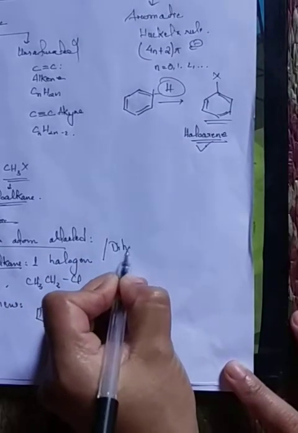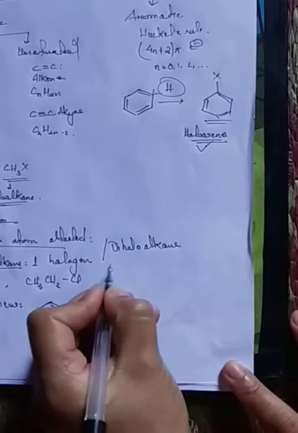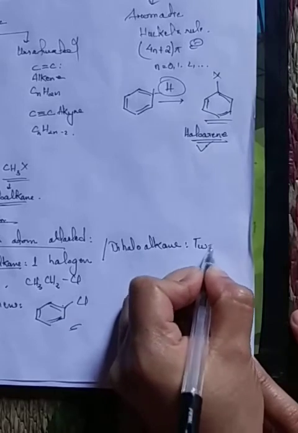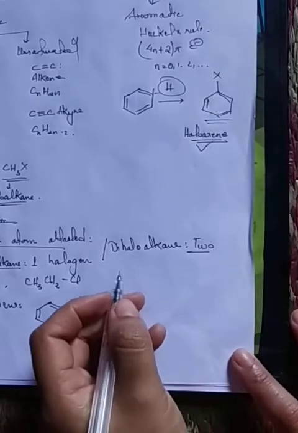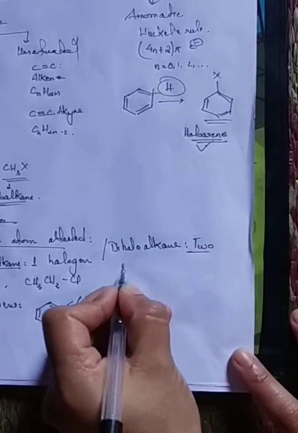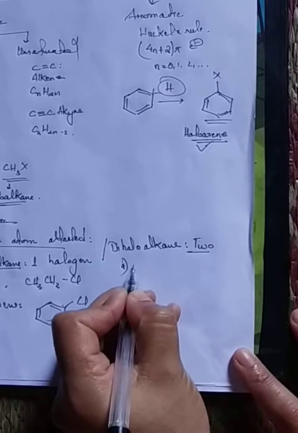Now if we move on, we can check the second one, dihaloalkanes and dihaloarenes. Dihalo means there will be 2 halogen atoms attached. Since we are talking about 2 halogen atoms, we will be having 2 types of classification.